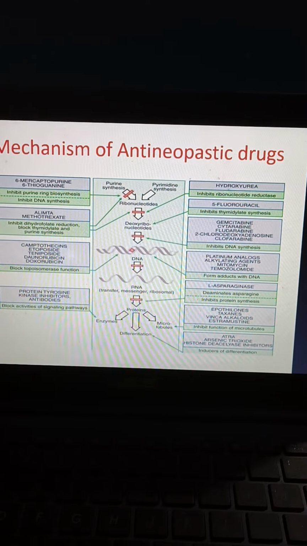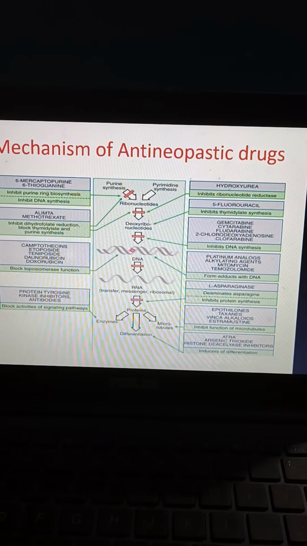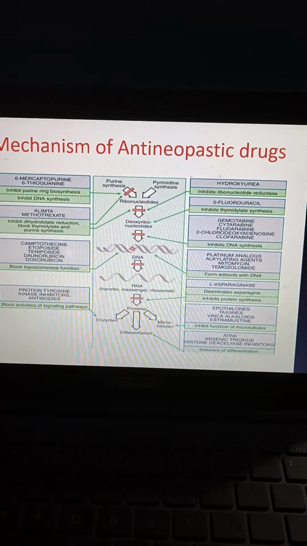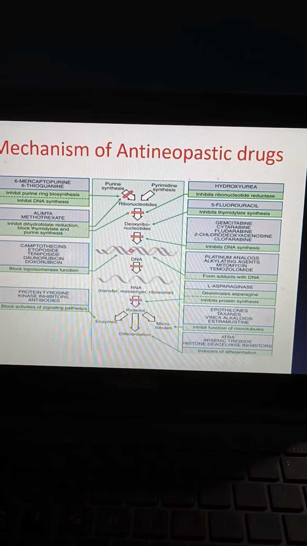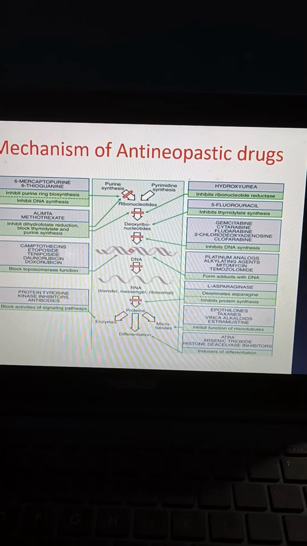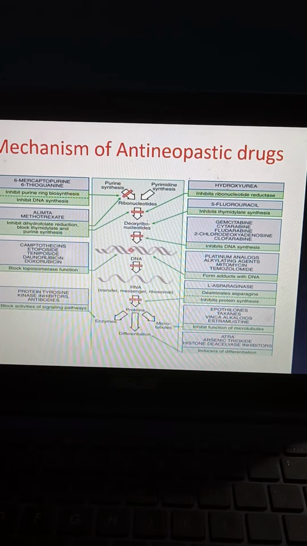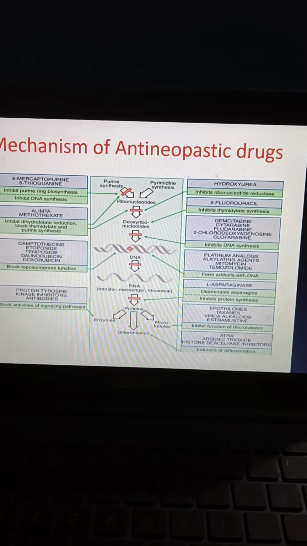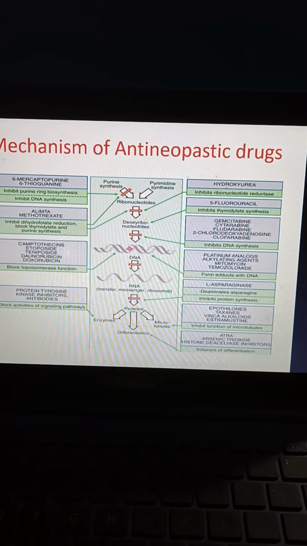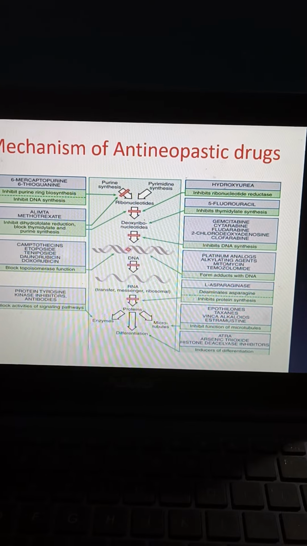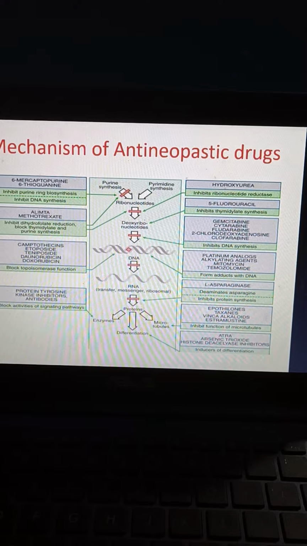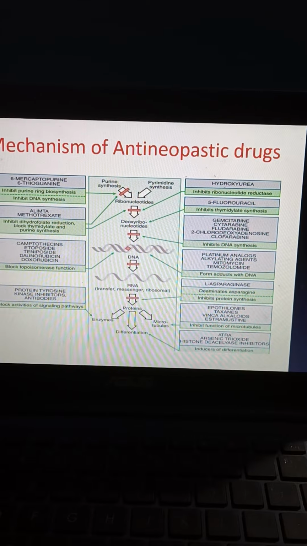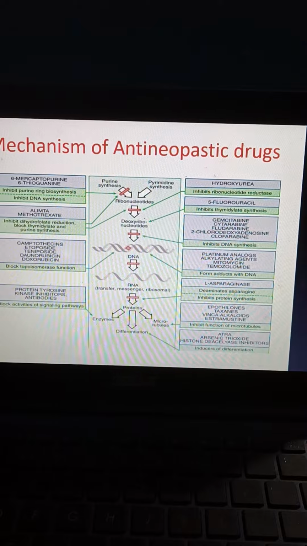And gemcitabine, cytarabine, fludarabine, 2-chlorodeoxyadenosine, and clofarabine inhibit DNA synthesis, that is, the pathway from deoxyribonucleotides to DNA is inhibited by gemcitabine, clofarabine, etc. Then platinum analogues, alkylating agents, mitomycin, and temozolomide form adducts with DNA and inhibit DNA synthesis.